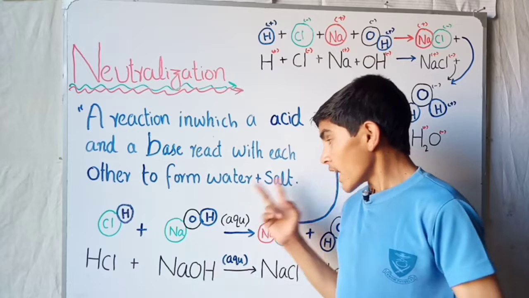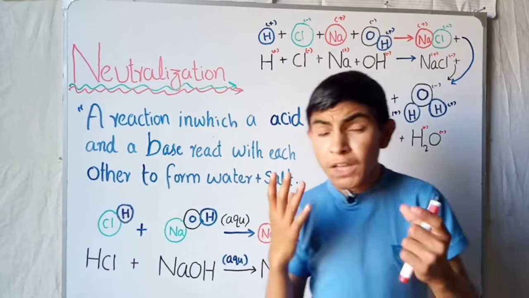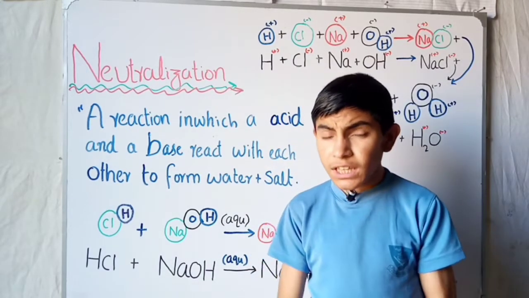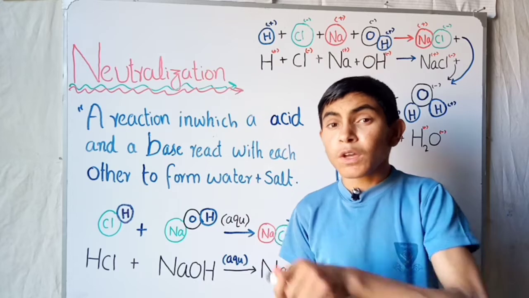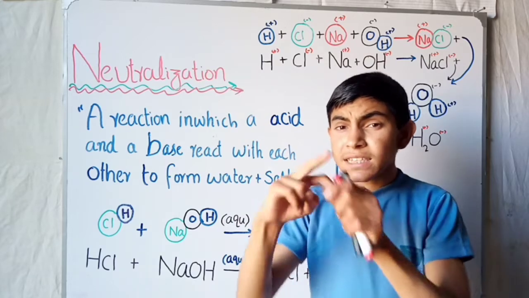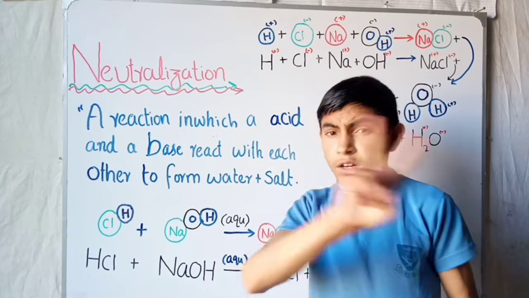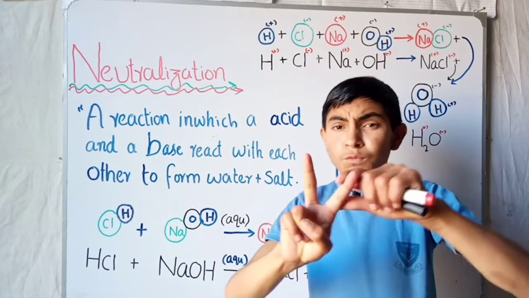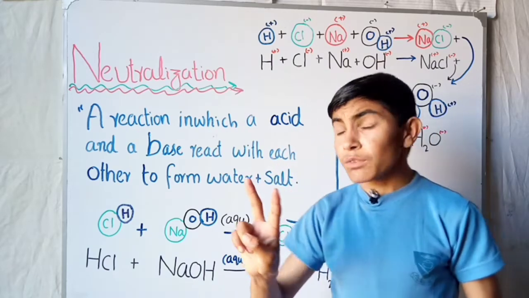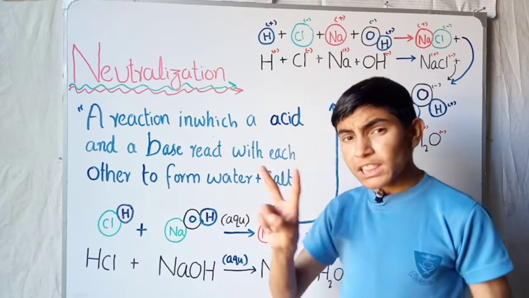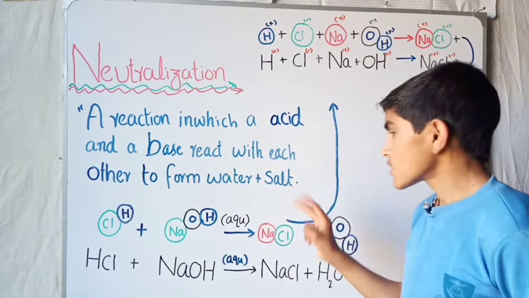So in this reaction, an acidic and a basic substance, one with the lowest pH and one with the highest, join together, mix together and form a neutral thing, which is water and salt.